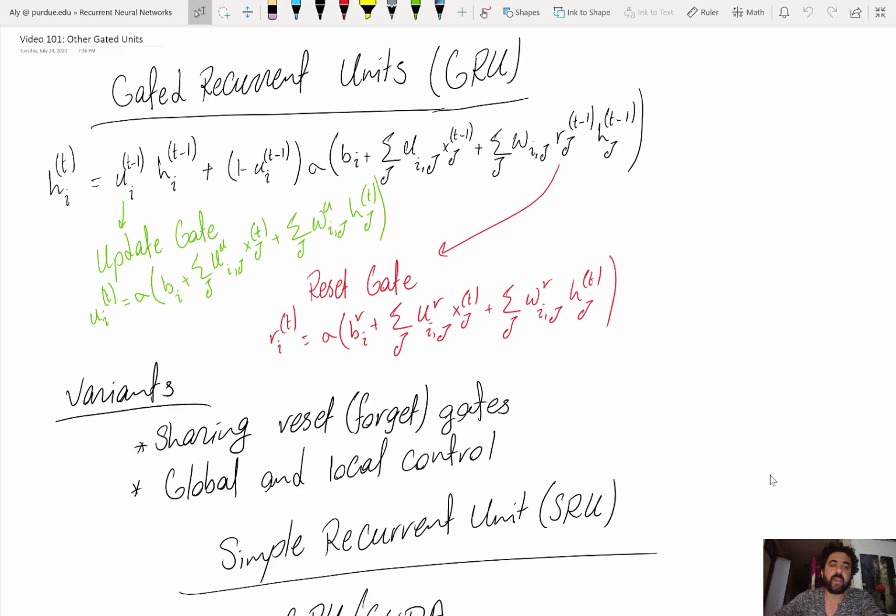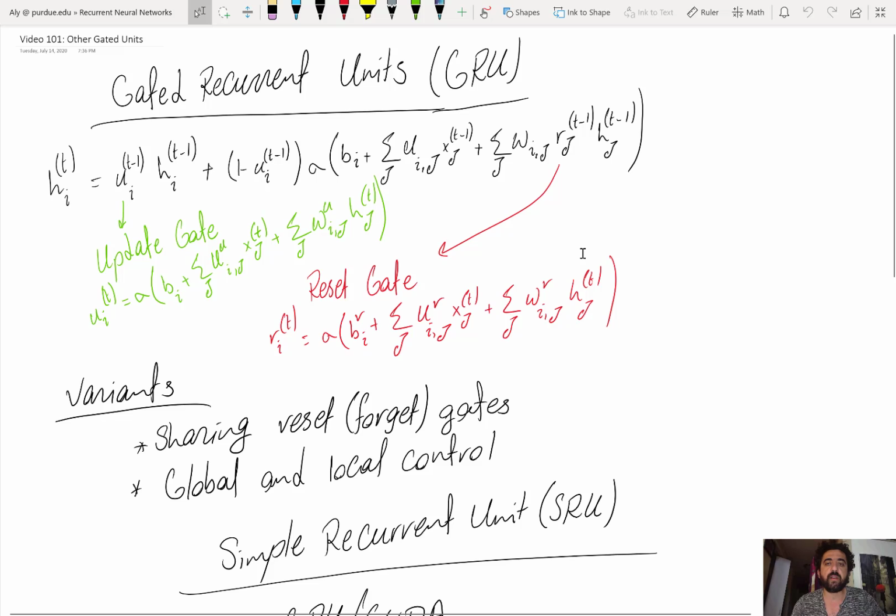Right? The update gate implements something similar to what leaky units do. The value of the update gate at time t minus 1 determines how much the value of the state at time t minus 1 will pass over to the value of the state at time t, and the complement of the update gate will determine how much the input will affect the state, right?